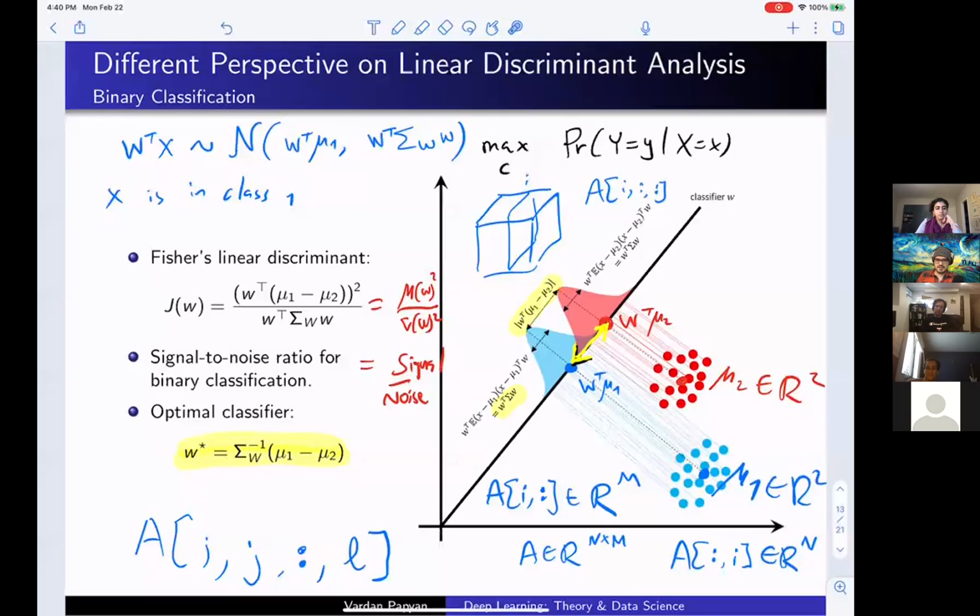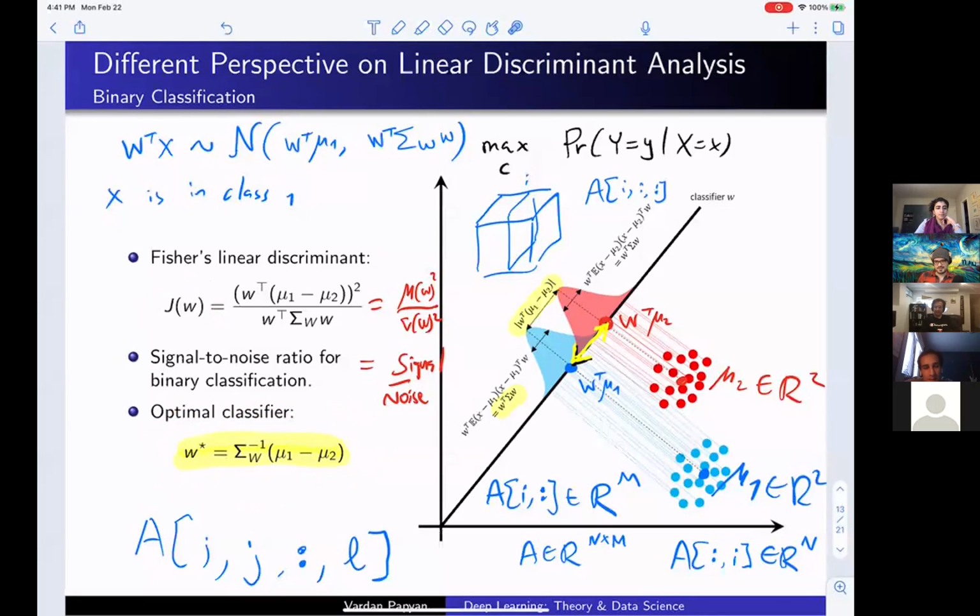And what we did in the previous lecture was to show that the optimal classifier maximizes this criterion. Does anyone recognize what this thing is? Have you seen this in your past? Maybe in the immediate past?